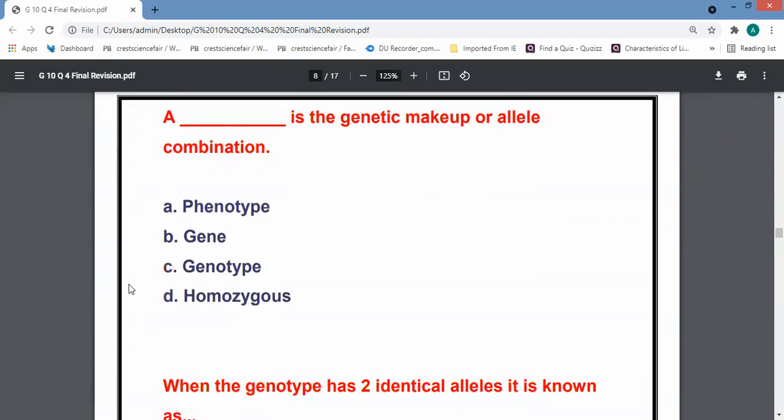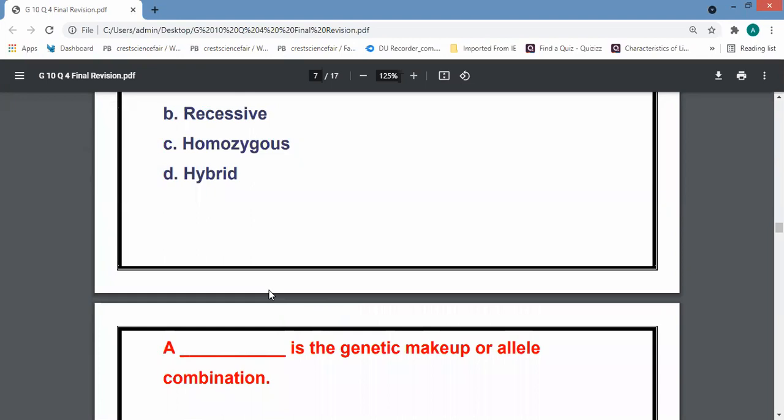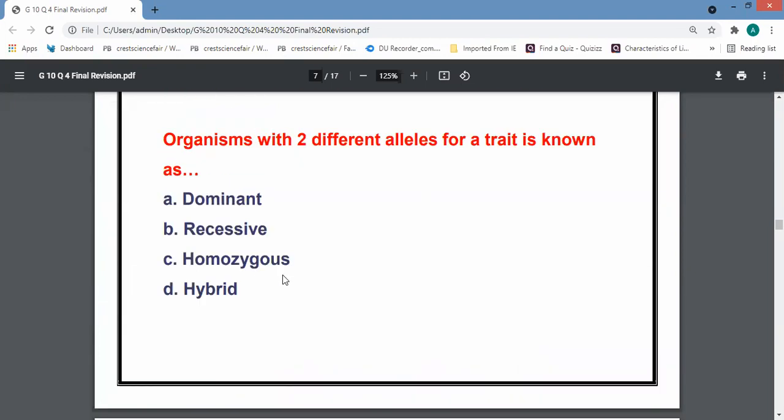Hybrid or heterozygous? Both of them are right. It's the same meaning. Hybrid is heterozygous, is impure. The three scientific terms have the same meaning. Hybrid, heterozygous, impure.